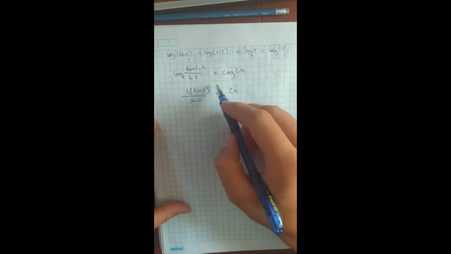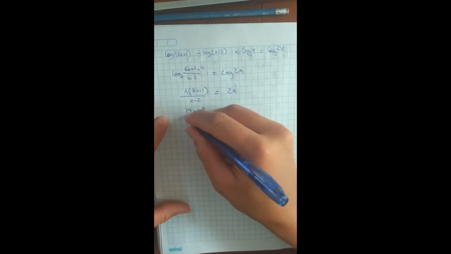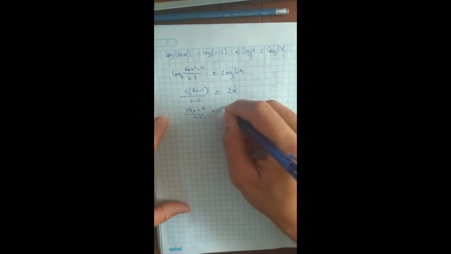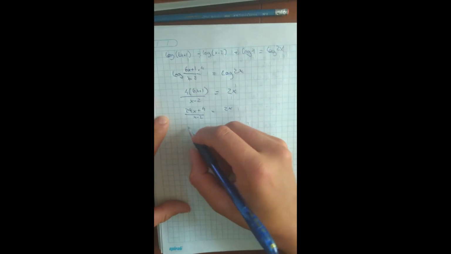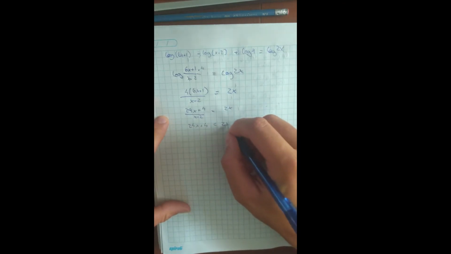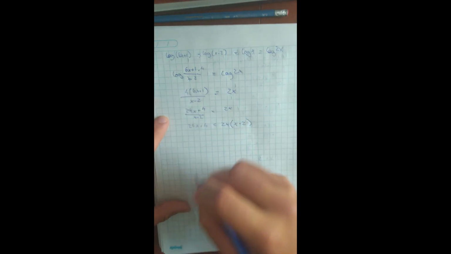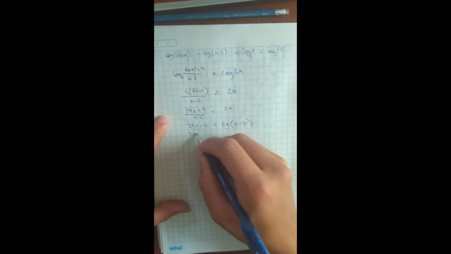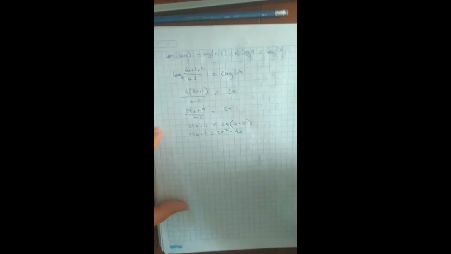Okay, so now we can multiply this. So that will give us 24x plus 4 over x minus 2 equals 2x, which means that 24x plus 4 equals 2x times x minus 2. So now we multiply this here, so 24x plus 4 equals 2x squared minus 4x.